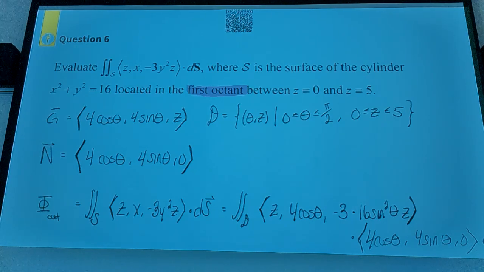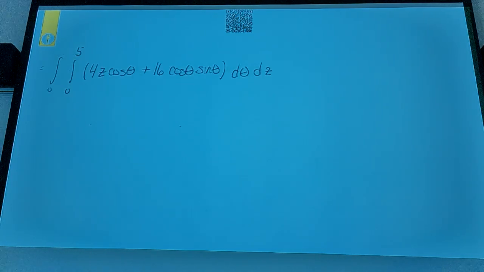First octant means X and Y have to be positive, right? That's only quadrant 1. For the whole thing, the flux would be 0.